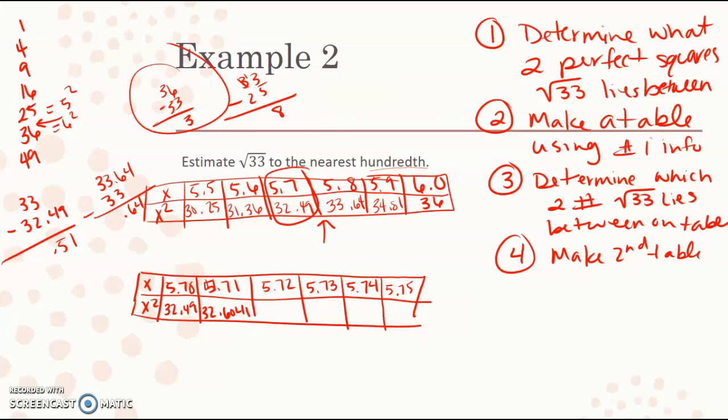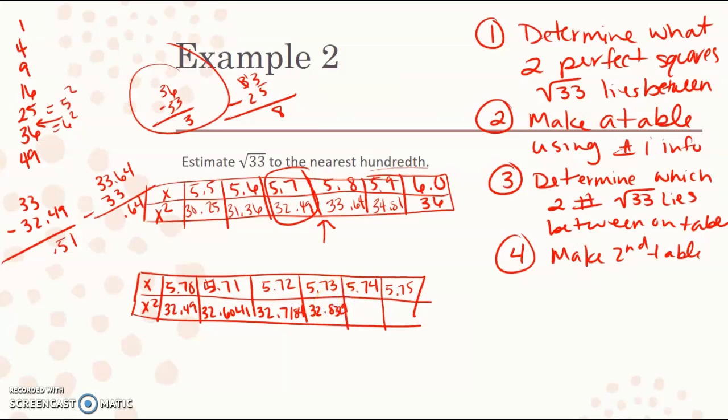I'm going to take 5.72 and square that, and we will get 32.7184. And then we're going to take 5.73, square that number, and we get 32.8329.